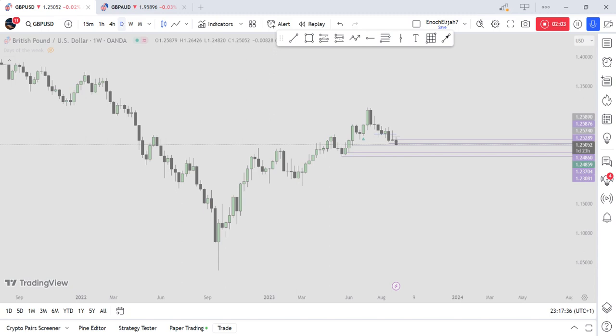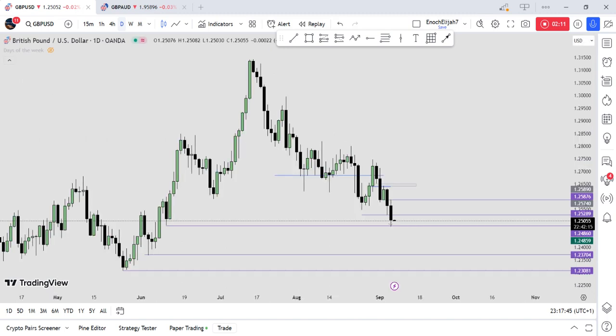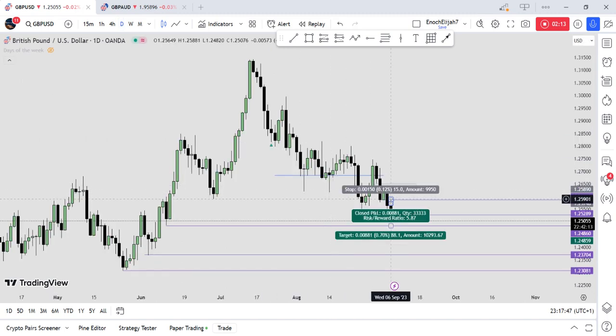And then on the daily time frame, where I pick my day-to-day bias for my day trades, it is also saying sell.